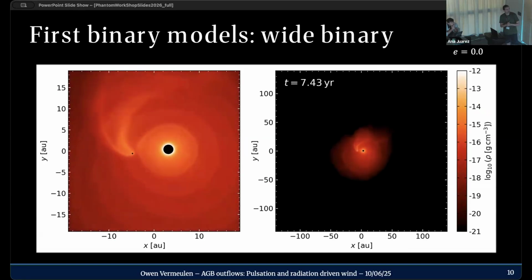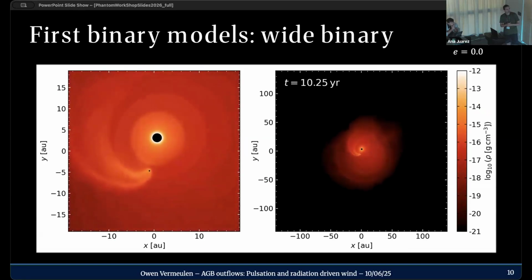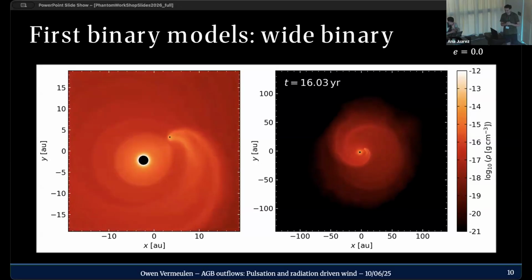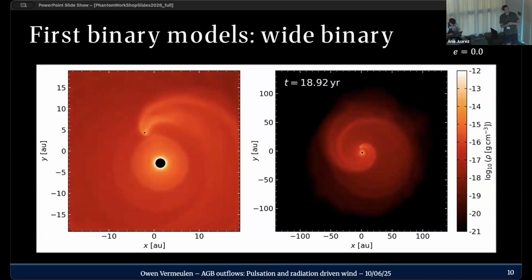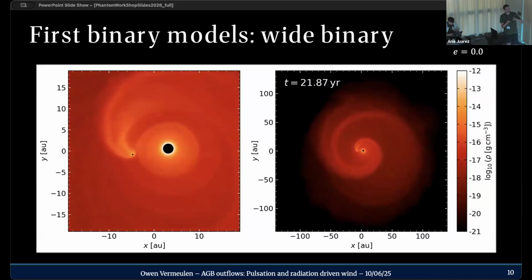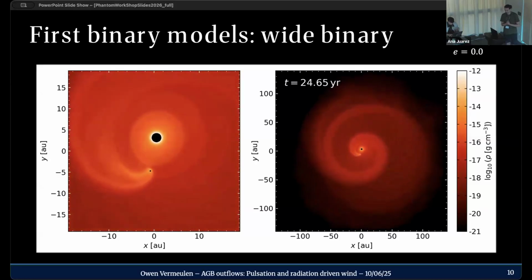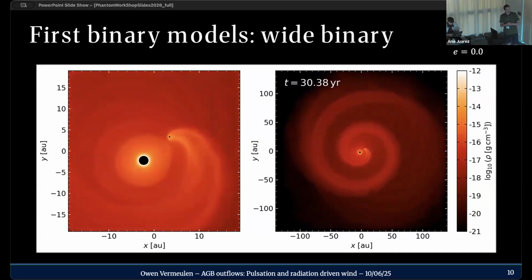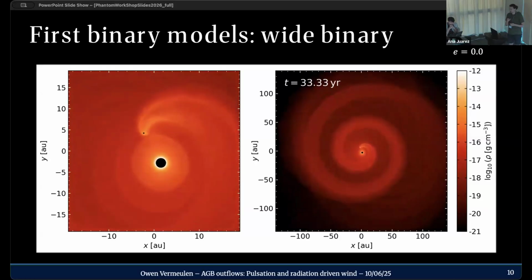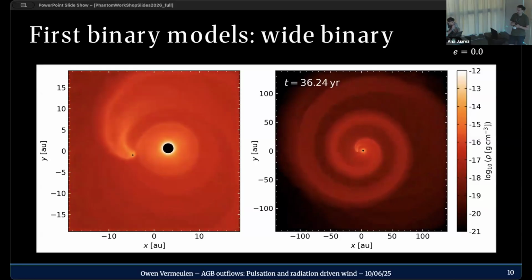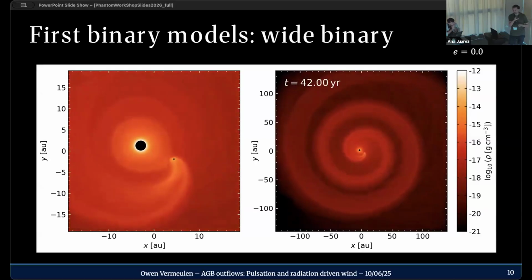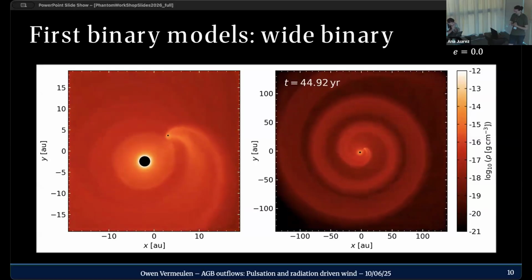So a separation of 8 AU, for now circular, and a primary mass of 1.5 solar masses and a secondary of 1 solar mass. So on the left, we see that now the pulsation shocks are slightly deformed due to the presence of a binary companion. And in the more global view, we once again see this very pronounced spiral structure arise, but now superimposed with these pulsation shocks. So we see this nail-like pattern arise a bit on the right.